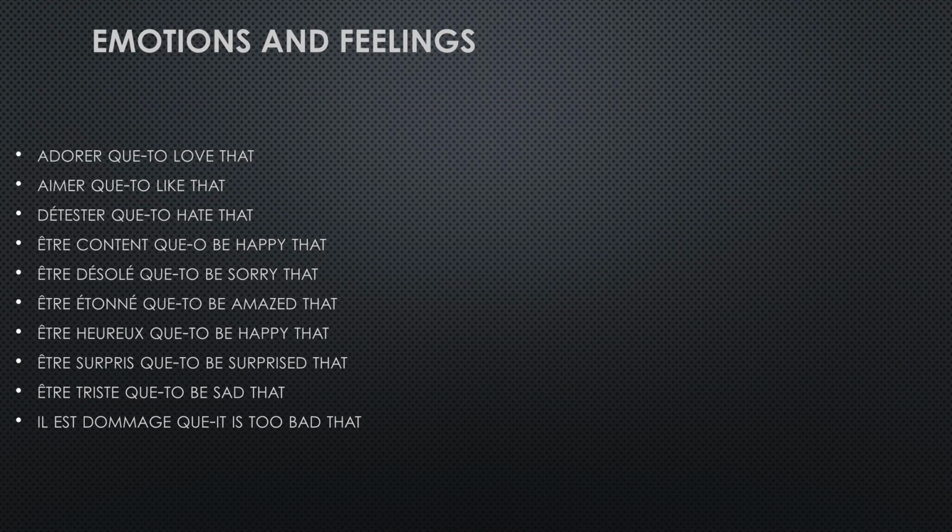And going on to the next slide here, the subjunctive is used with emotions and feelings. It's used to express things like adorer que, or aimer que, or détester que.